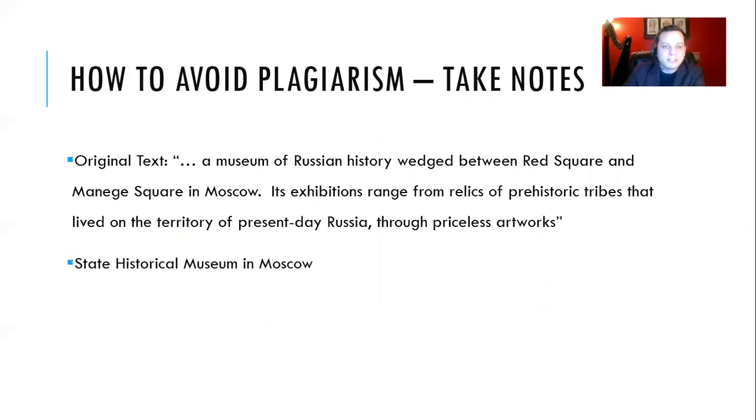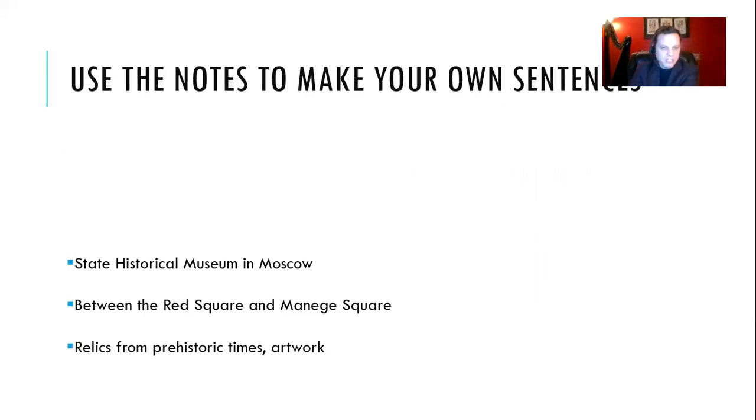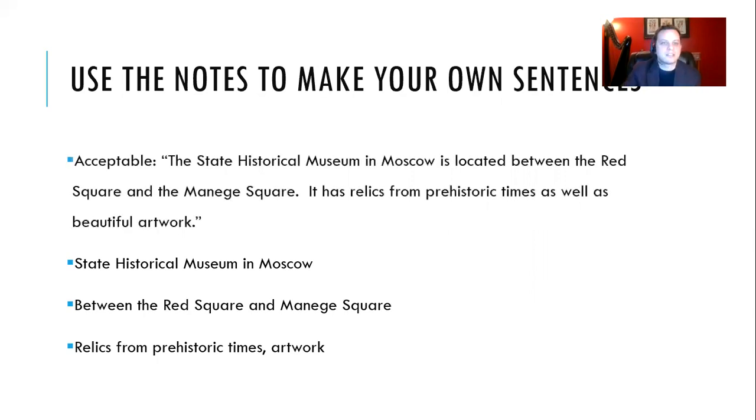It doesn't say it anywhere in here, but what they're talking about is the State Historical Museum in Moscow. We know that it's between the Red Square and the Manège Square. We also know that it has relics from prehistoric times and it has artwork. Okay, so that's all I'm going to write down. It seems like not very much, and maybe it will be shorter when I write my own paragraph, but that's okay. The information is still there.